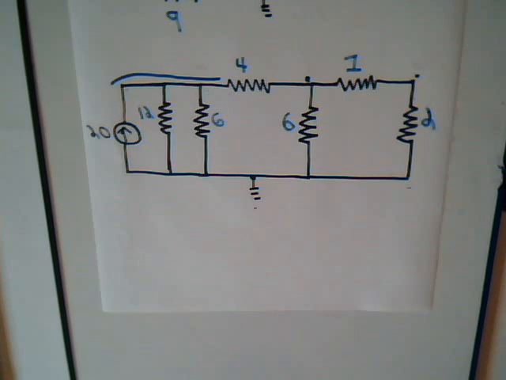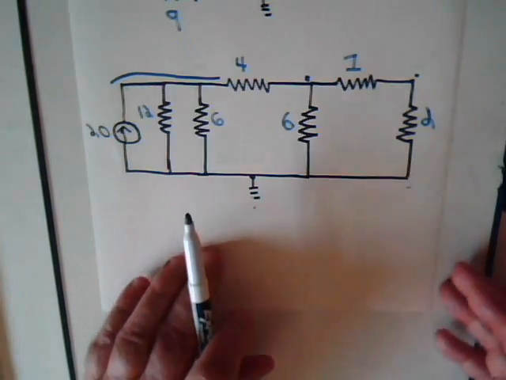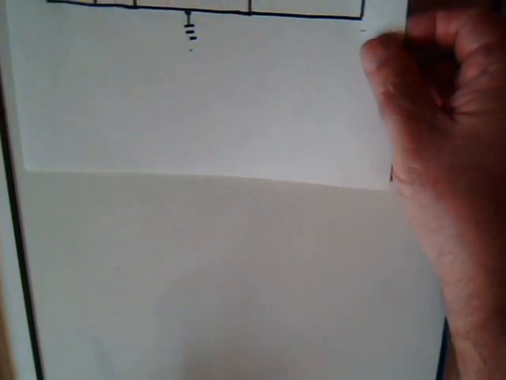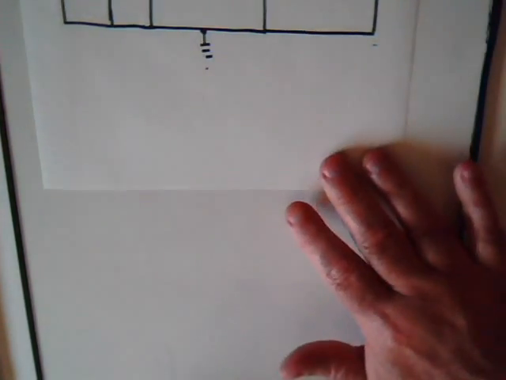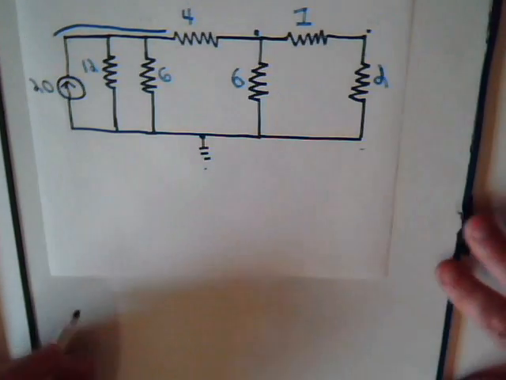So let's go ahead and apply the node technique. Here at node, we'll call this node 1. Let's try keeping this in the picture and write at the same time. Okay, node 1.